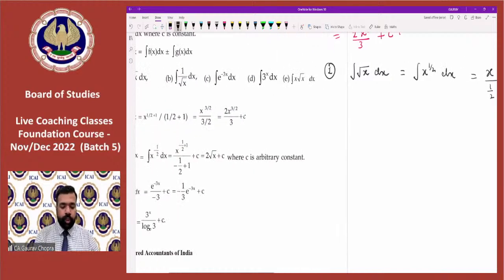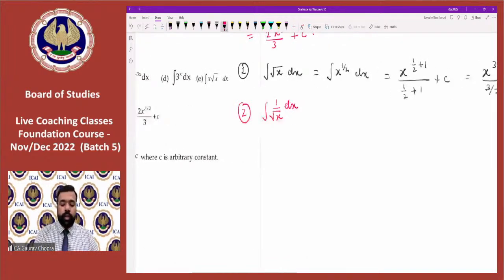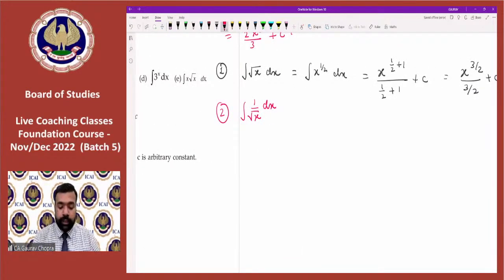So this was the first one. Let us try the second one also. Second is integration of 1 upon root x dx. 1 upon root x can also be written as x to the power of minus half. Now the power will increase by 1.